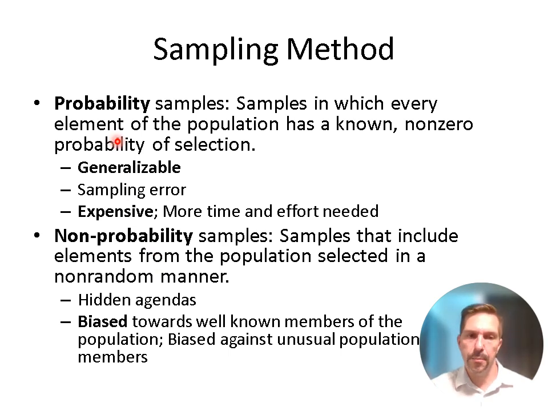Now, in a probability sampling mechanism, we have a known probability for all the units in the population. By the way, it doesn't have to be the same, but it is known a priori, before you actually sample, what the chances are that any of them will be measured.